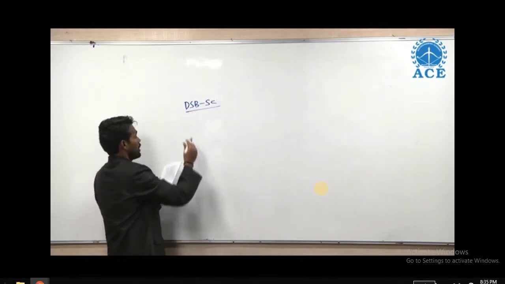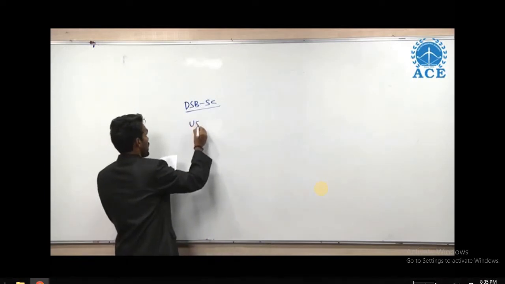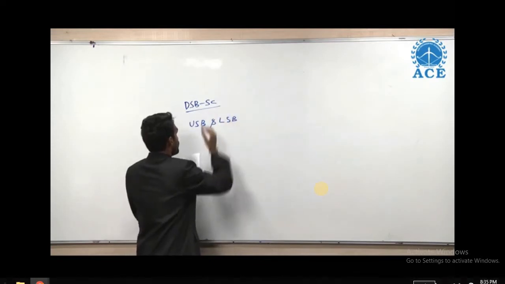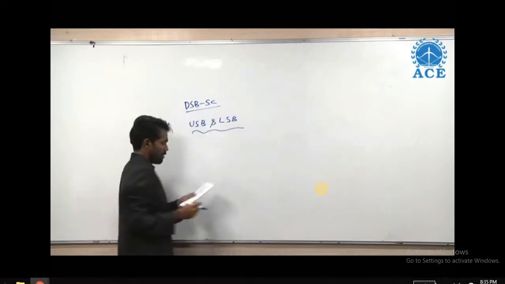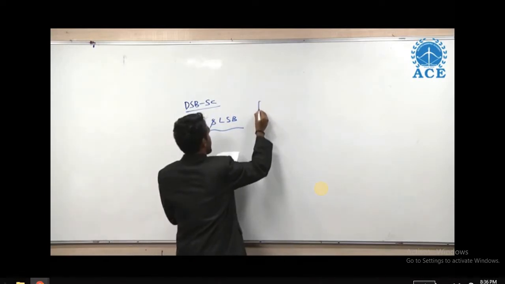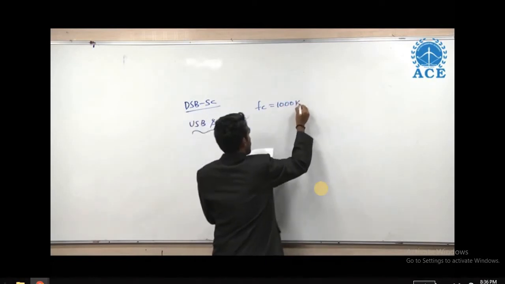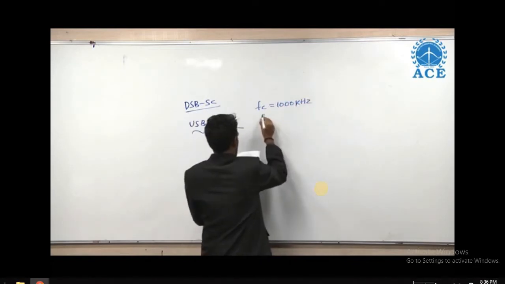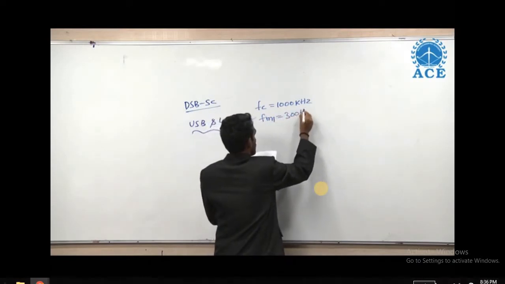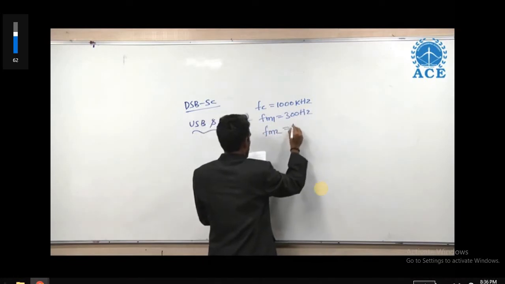So here double-sided band, that means upper side band and lower side band. In the system, we have the frequencies of upper side band and lower side band. Here he mentioned carrier frequency fc equal to 1000 kHz, fm1 equal to 300 Hz, fm2 equal to 2 kHz.